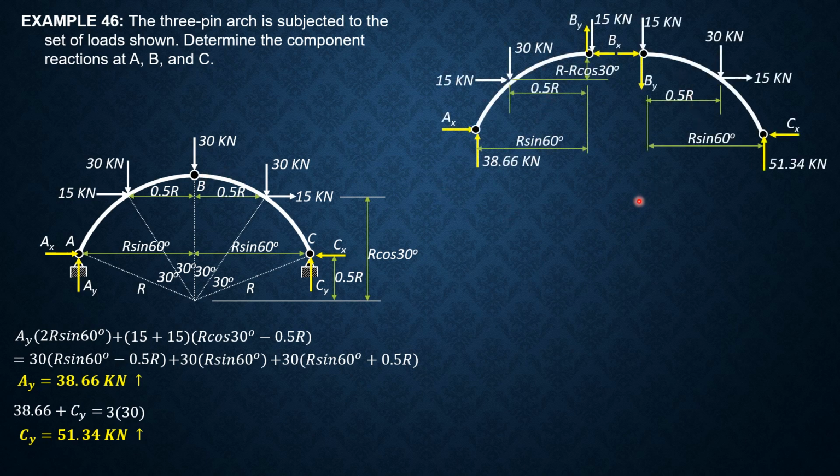Then let's draw the free body diagram of AB and BC. Let's put it here. Then the distance, remember, R sine 60. This is also R sine 60. Then this vertical distance is R minus 0.5 R, so this vertical distance is 0.5 R. Then the vertical distance between the 15 kilonewton load and B is R minus R cosine 30, as indicated.